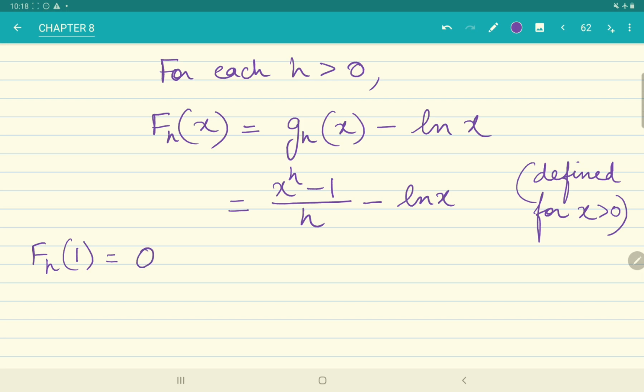Also, if I write f h prime x, if I differentiate this expression with respect to x, I will have x raised to the power h minus 1 divided by h, given that h is a constant, h is a positive number, it is greater than 0, minus 1 by x.